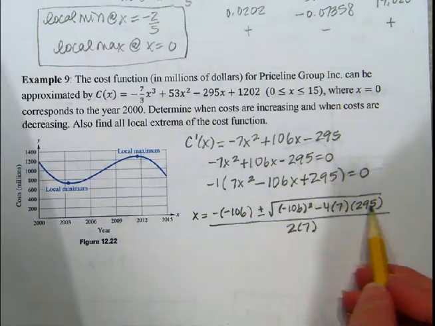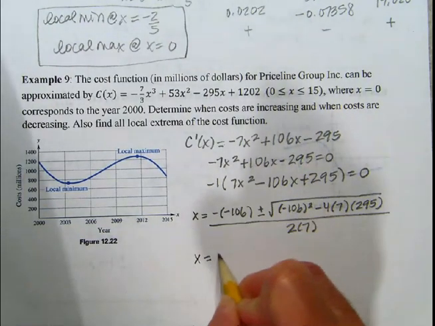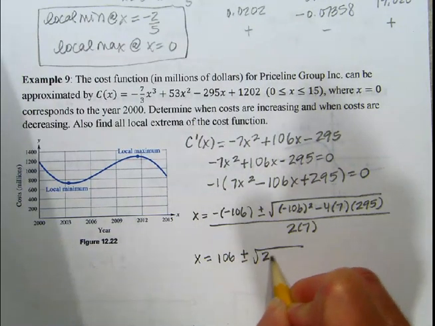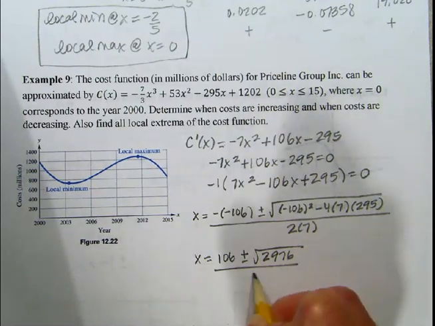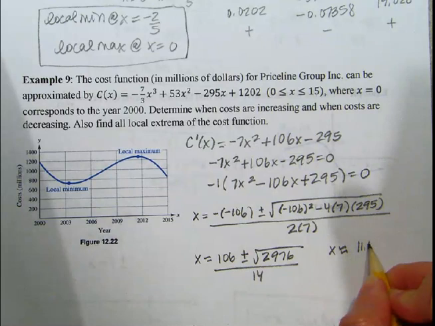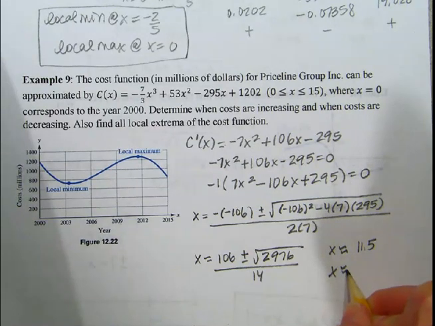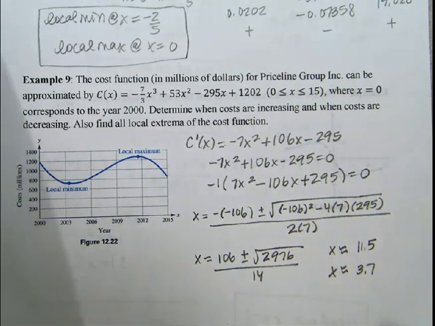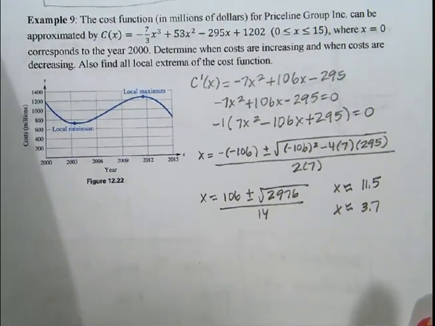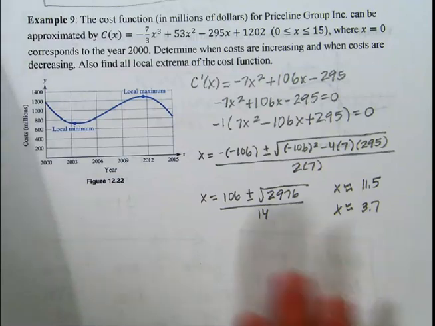If you put all of that in your calculator, you get 106 plus or minus the square root of 2976, over 14. So x is about 11.5 or x is about 3.7. Okay, so those are the two values. You could double check that for me by plugging it in your calculator, but that's what I got. So these are our critical numbers.